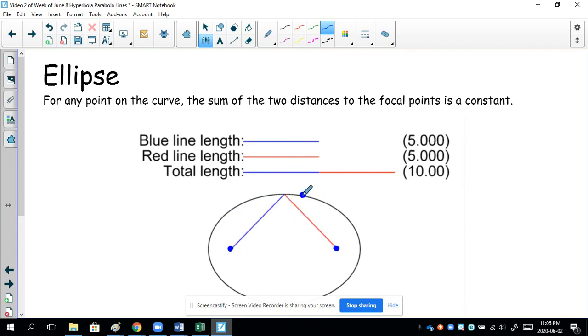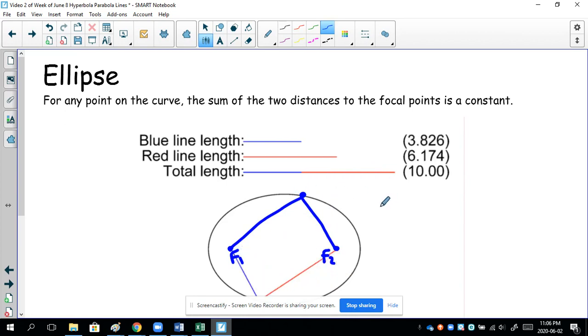Every point on the line is the sum of the distance from the two focal points is constant. Okay, so it says here, for any point on the curve, the sum of the two distances to the focal points is constant. So in this example, it's always 10. So no matter where you are on the curve, if you had to add those two lengths, you would always have 10.